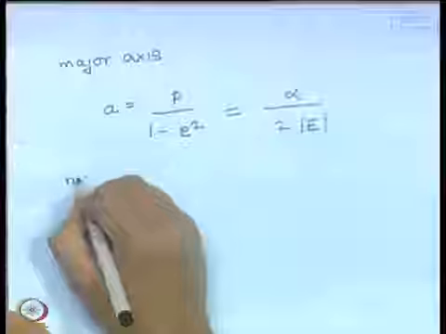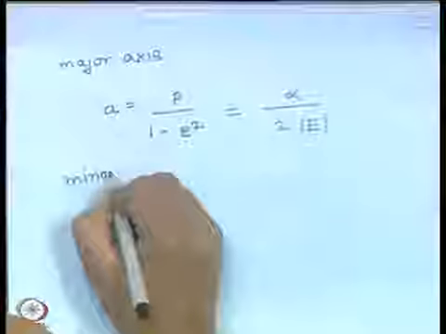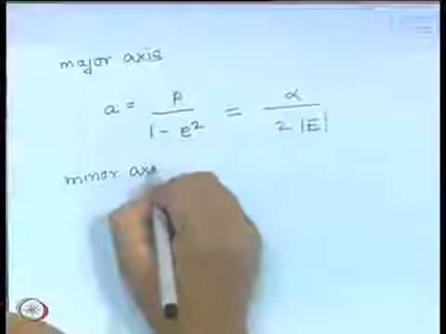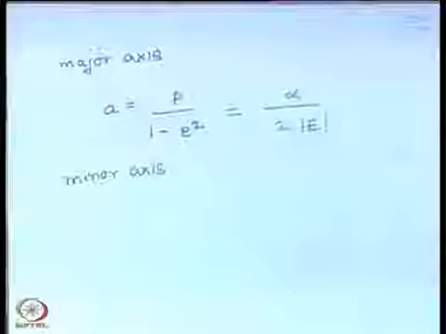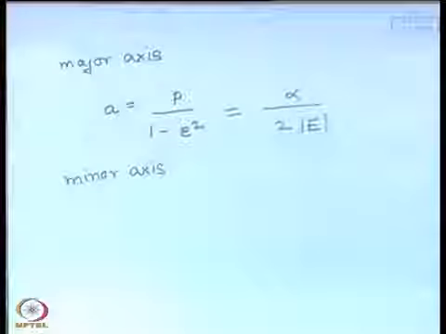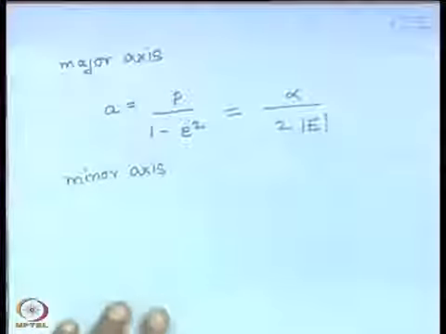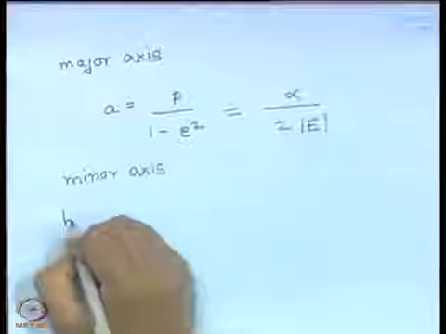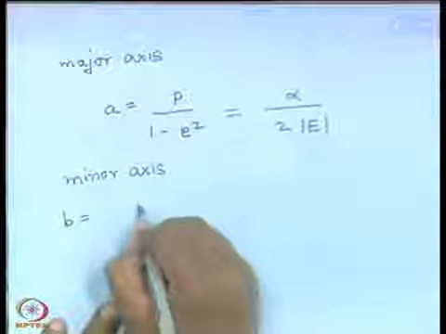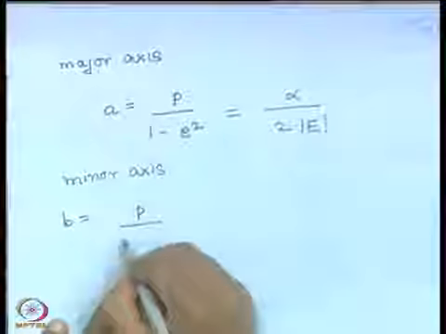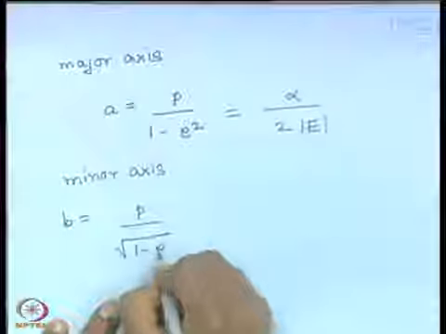And the minor axis, again, you can calculate this by extremizing y, the distance from the x equal to 0 axis, and then taking twice that. The minor axis, you can check easily, comes out to be 2p divided by the square root of 1 minus e square.